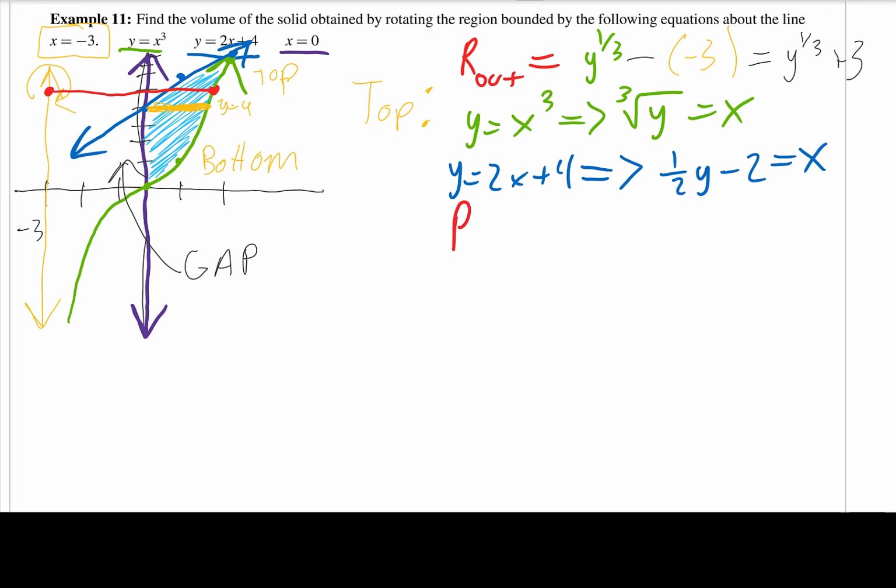So we should have that r sub in is equal to, right, so that's going to be something like this, where we have blue minus orange. So this is going to be 1/2 y minus 2 minus orange, so minus a -3, which gives us 1/2 y minus 2 plus 3, so plus 1.